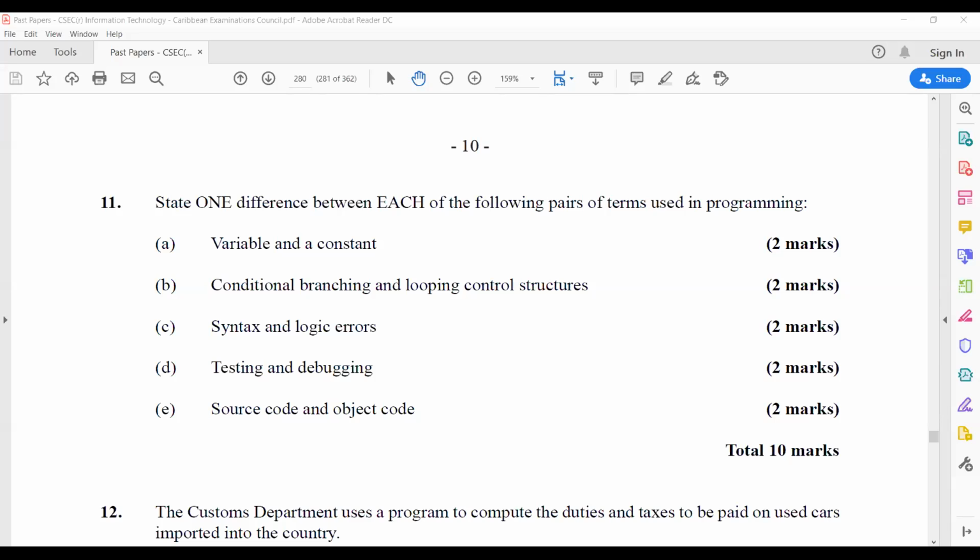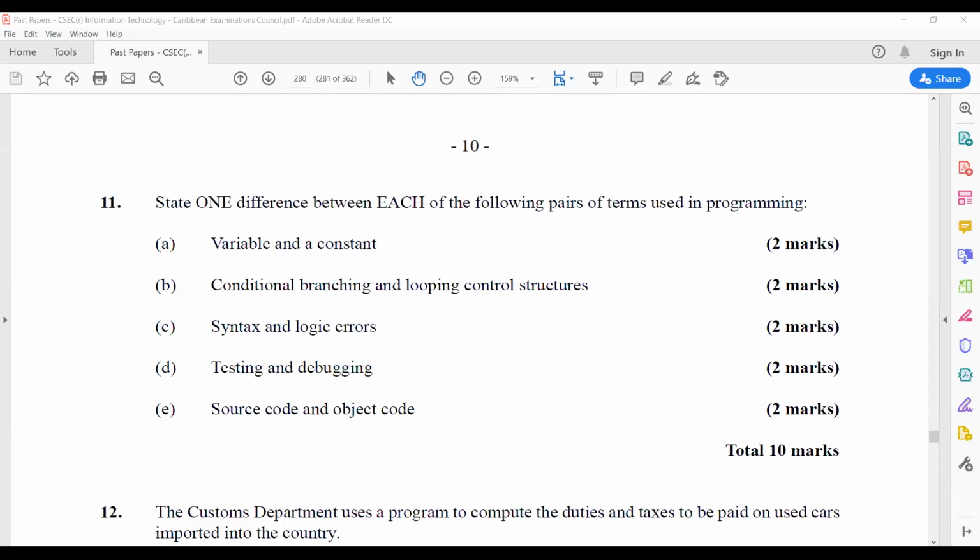First of all, you have to understand what a conditional branch is, and what a looping control structure is. A conditional branch is like an if-else statement. And then the looping would be like a while loop, or a for statement.